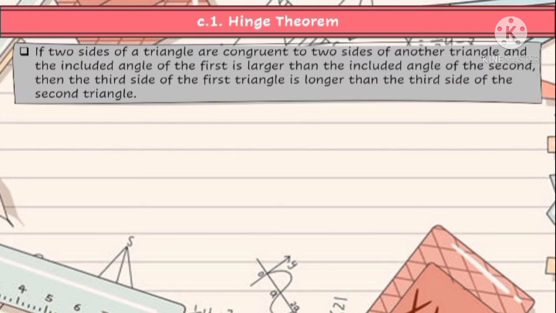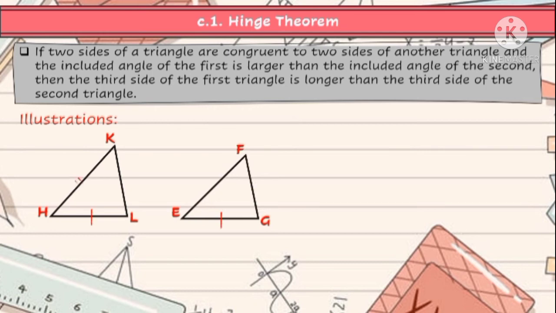For the illustrations, we have the given triangles HKL and EFG. The congruent sides are HL and EG, and HK and EF.